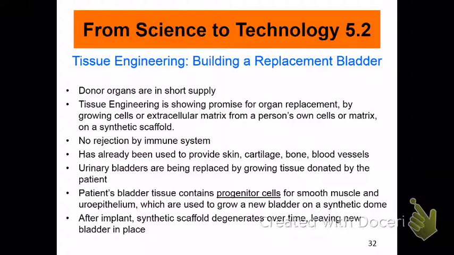Because it's yours, it has your surface proteins, so there'd be no rejection. They've already done this for skin, like for a bad burn patient, and for cartilage, bone, and blood vessels. They haven't done whole organs, but they're working on that. The urinary bladders are being replaced.